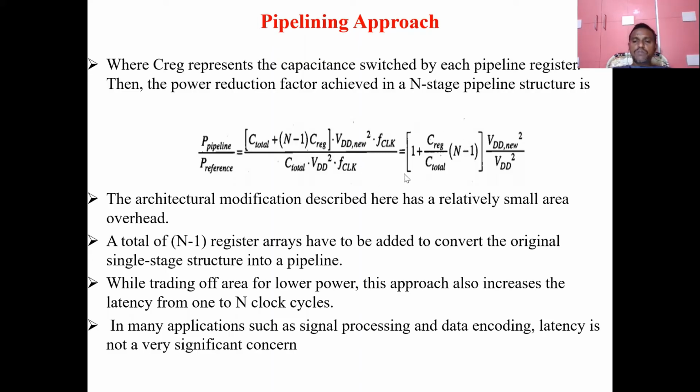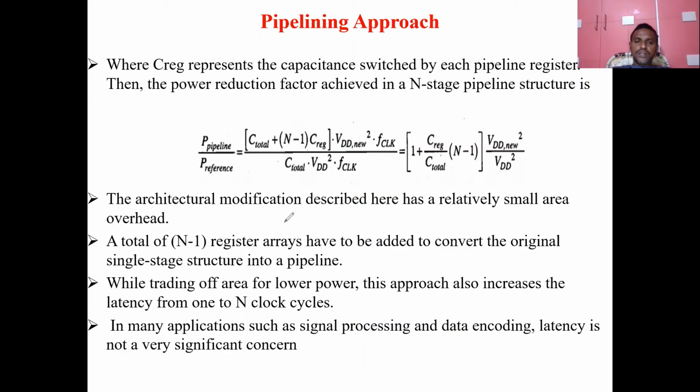If you simplify this, dividing with C total, C total by C total gives 1, plus n minus 1 C registers by C total, multiplied with VDD new square by VDD square.